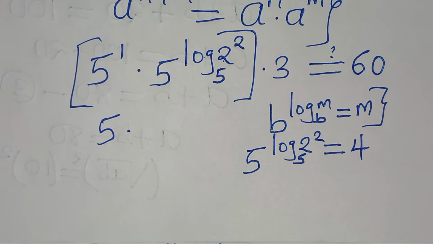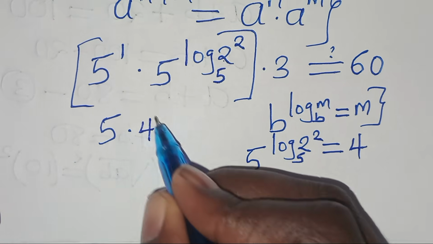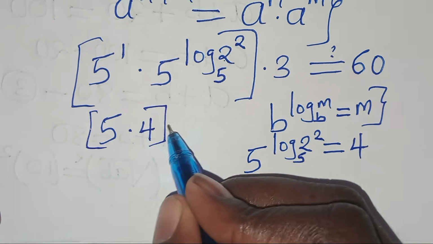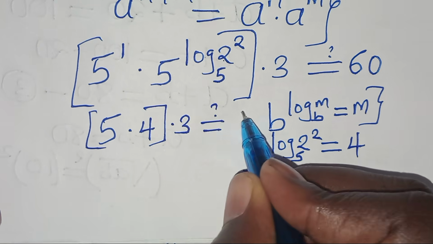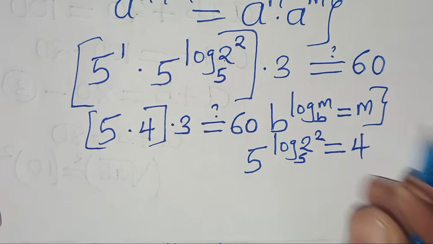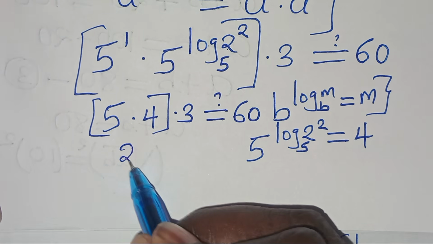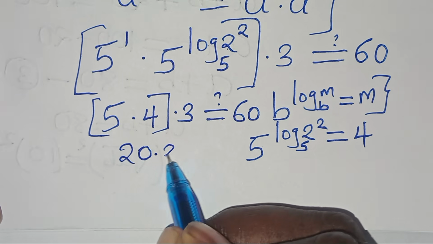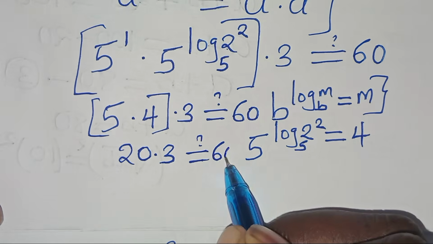So let's substitute this 4 back into the equation here. We have 5 times 4, everything here multiplied by 3. This should give us a value of 60. Now this means that we have 5 times 4, this is 20, multiplied by 3. This should give us a value of 60.